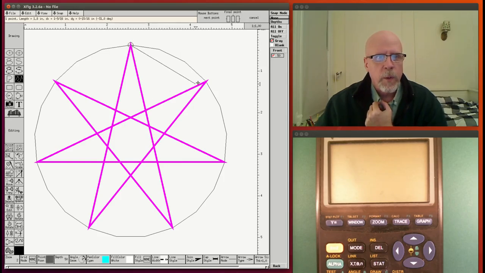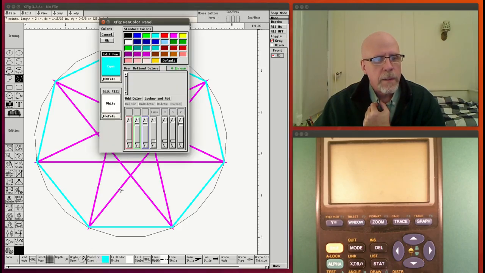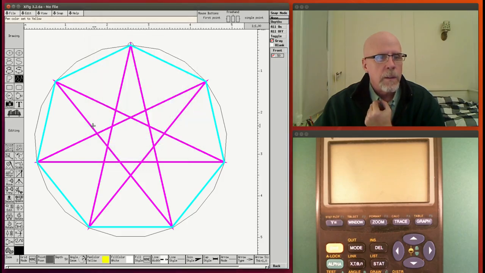If you just skip over by 3's, at some level this is only technically a star because it's really a polygon, isn't it? You get that thing, and changing to yellow, we would skip by 6s.